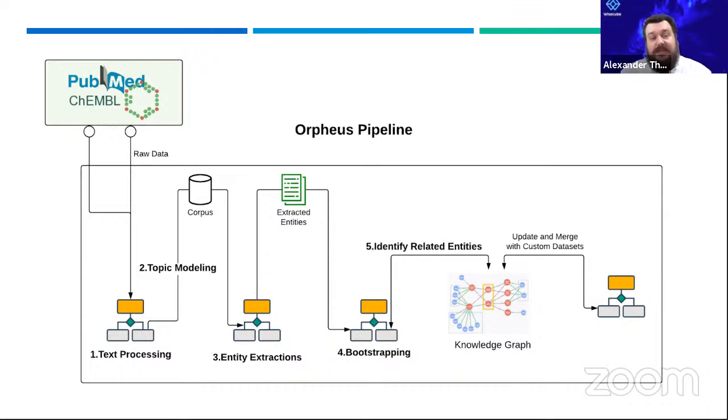Then we do the entity extraction, which we can add in and of itself to a search engine experience. So you can search for documents and see what entities are there. Then once we have these extracted entities, whether we've done it through models or through a dictionary-based approach, we can then build the graph.